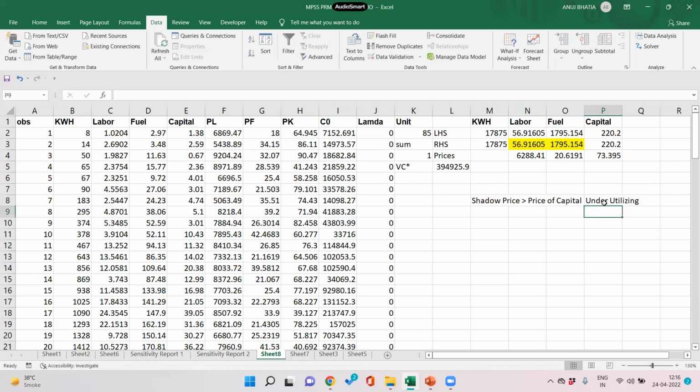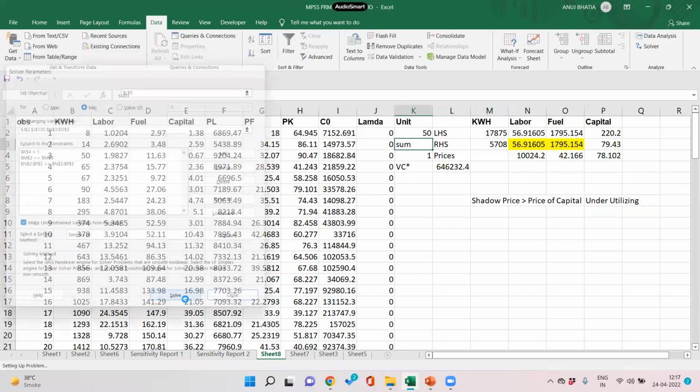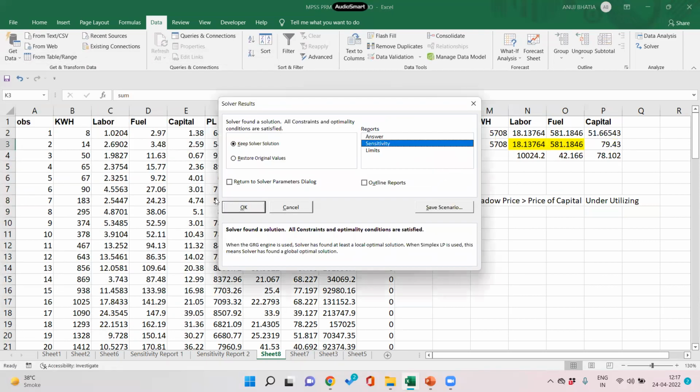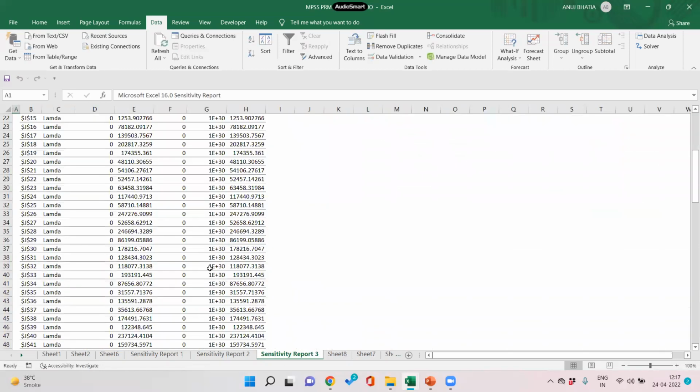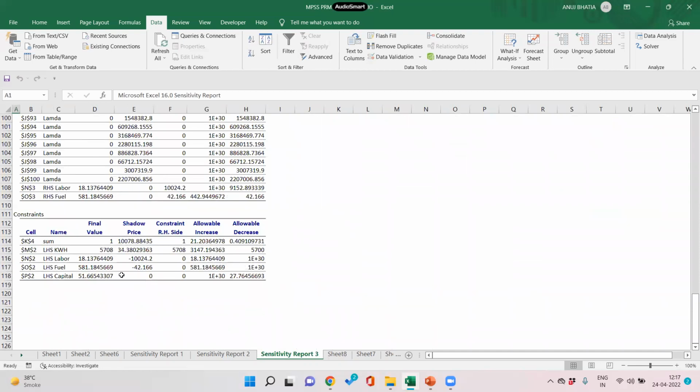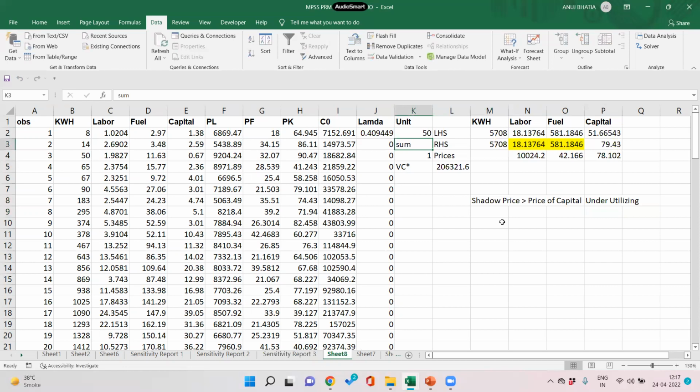Let us look at another unit, say firm number 50. In unit, I change to firm 50, go to solver, solve, click on sensitivity and OK. A sensitivity report would be generated for firm number 50, where you look at the shadow price for capital, which is 0. So when the shadow price is 0, what happens? The shadow price is less than the price of capital. It means the firm is overutilizing capital.